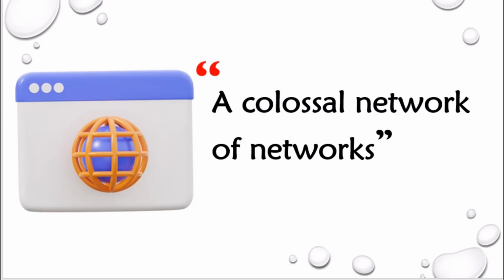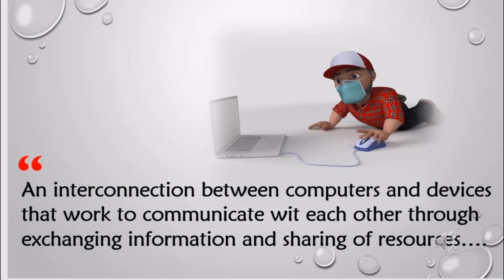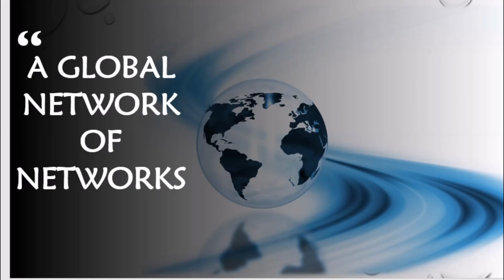Simply, I'll define the internet as a colossal network of networks. That is the simplest definition I can give. But let's break it down to make it simple. One can define the internet as an interconnection between computers and devices that work to communicate with each other through exchanging information and sharing resources.